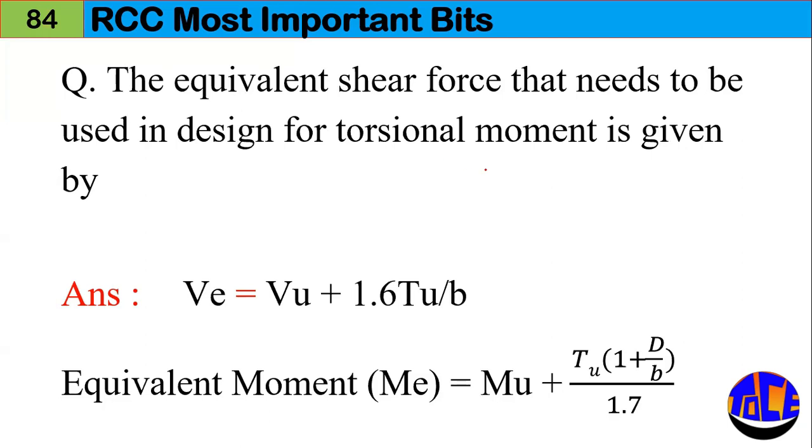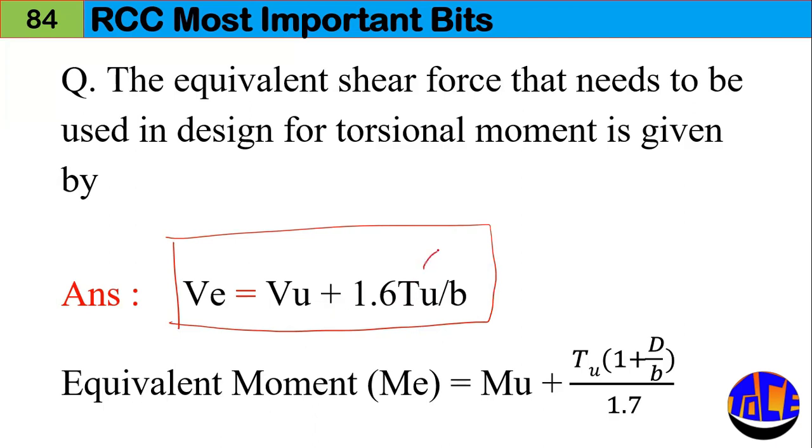If torsional moment is given, the equivalent shear force that you need to find out using the equation given in IS 456 is VE equal to VU plus 1.6 TU by B. Here TU is the torsional moment and VU is the ultimate shear force. VU plus 1.6 TU by B, remember.